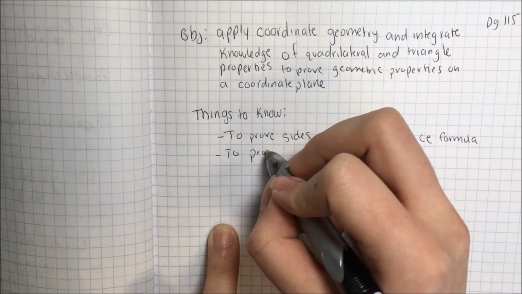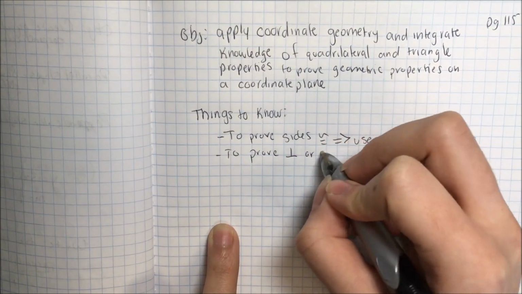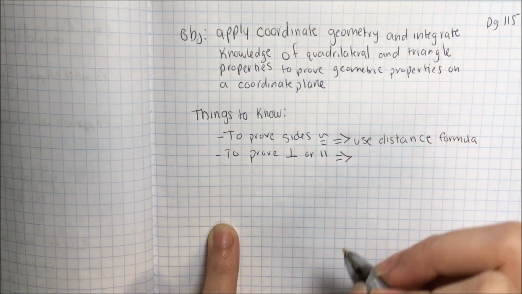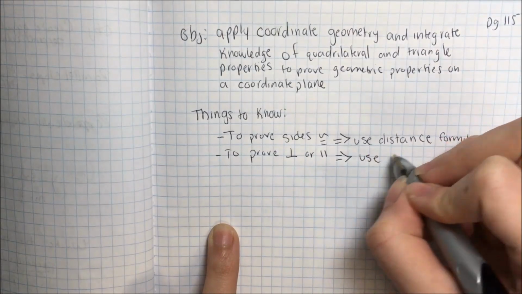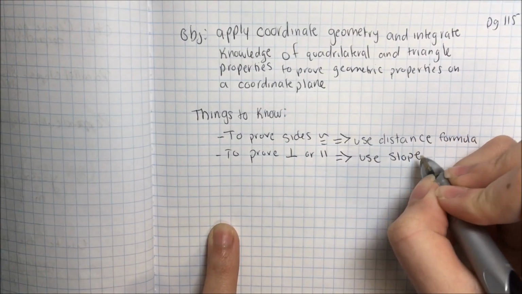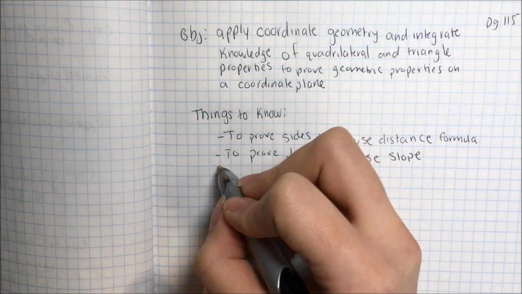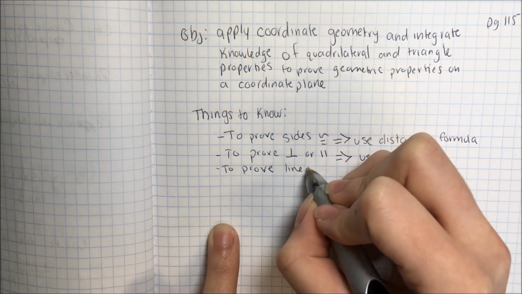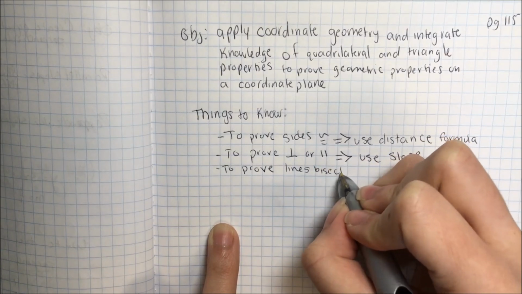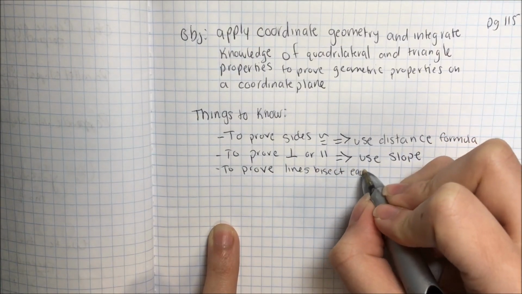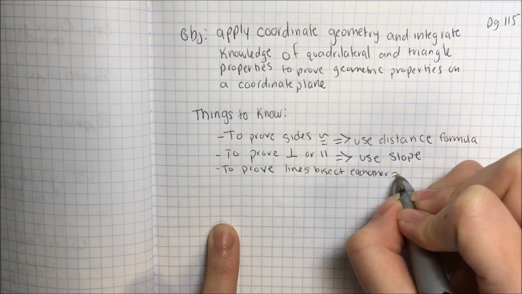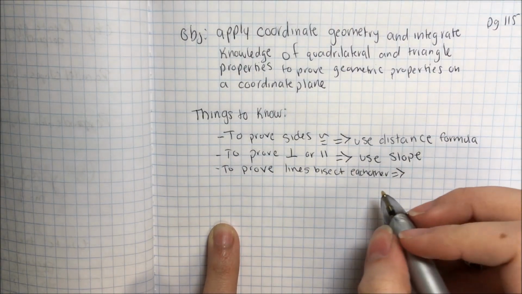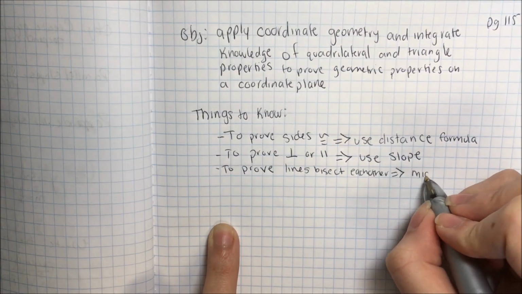To prove perpendicular or parallel lines, we're going to be using slope formula. And to prove lines bisect each other, we're going to be using midpoints. We're going to show that midpoints are the same.